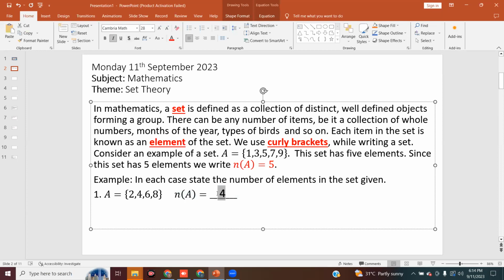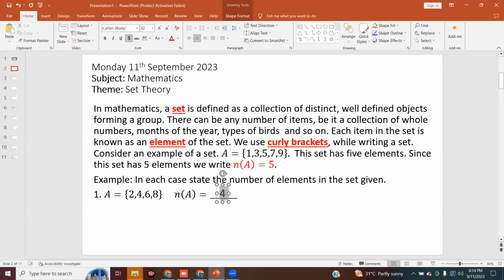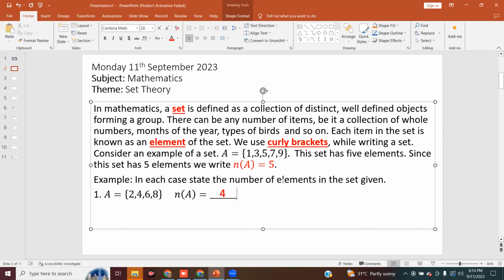All right, so the number of elements in this one is what? 4. Okay, so Aaron, Claire, what are the elements in set A? 2, 4, 6, 8. Very good.